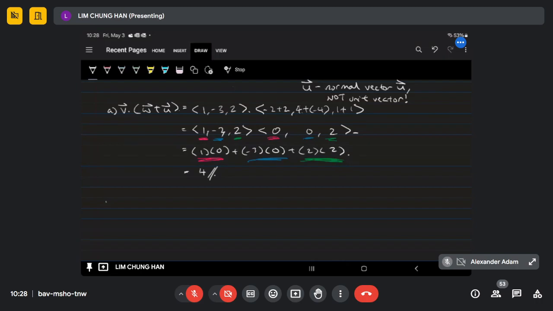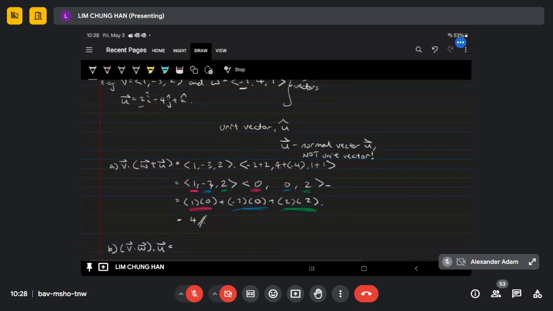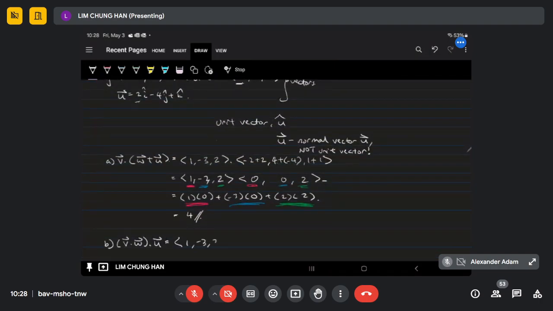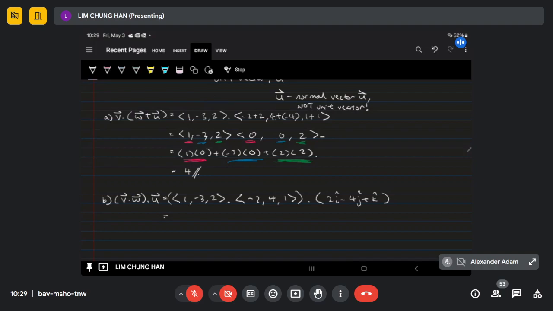Next. Same example. But now what I want you to do is V dot product W, and then the whole thing dot product with U. So you do V dot W first because it's in brackets.